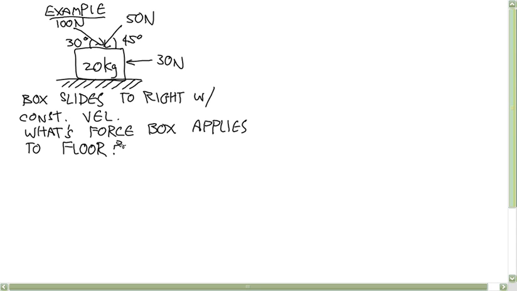So what you need to remember is that with Newton's third law, it's always trivial to flip subscripts, right? So we want the force vector on the floor by the box. It's just as easy to calculate the force on the box by the floor and then use Newton's third law.